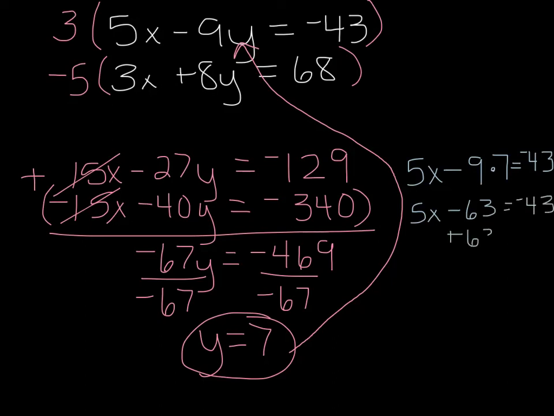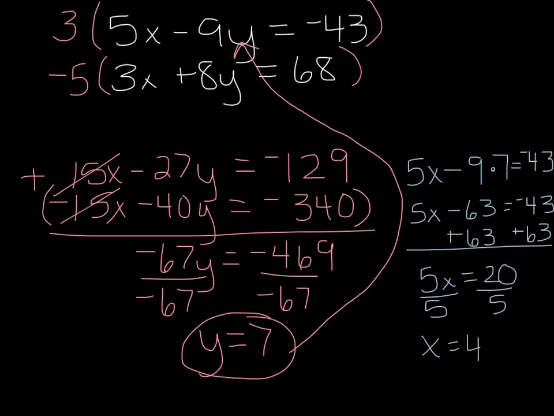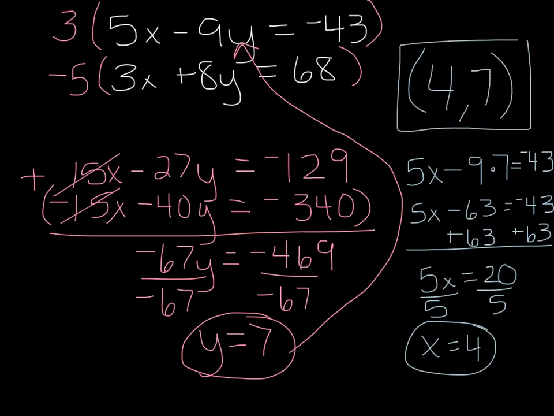Add the 63. You're going to get 5x equals 20. Divide by 5. So x is 4. Therefore, your ordered pair would be 4, 7.